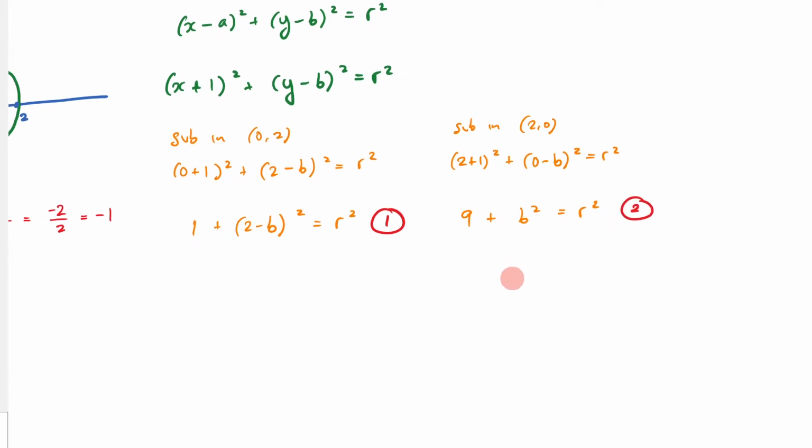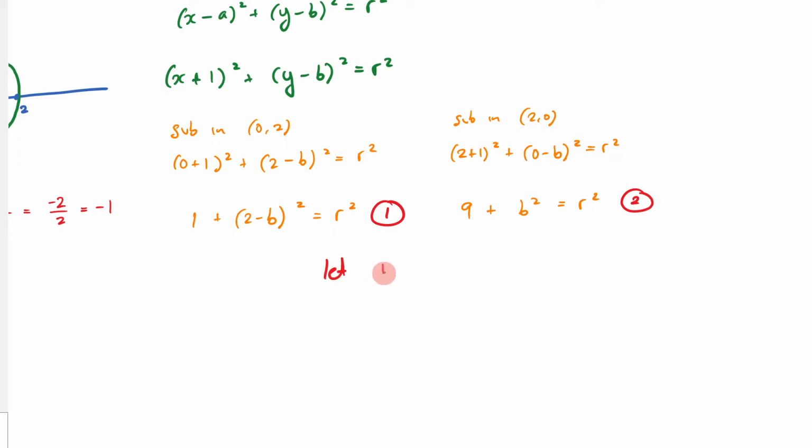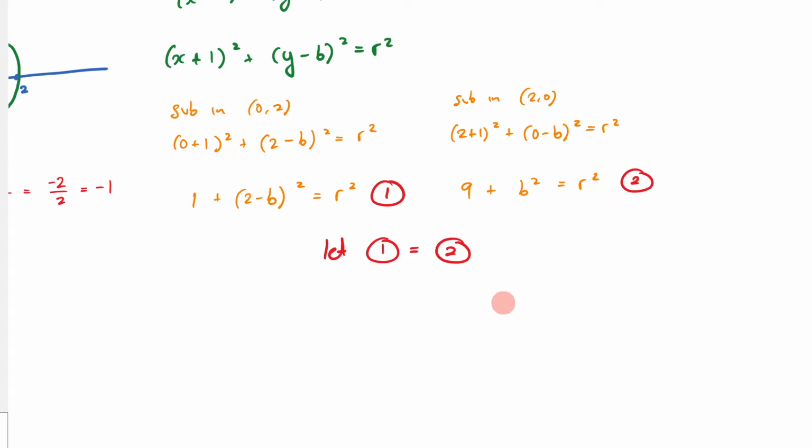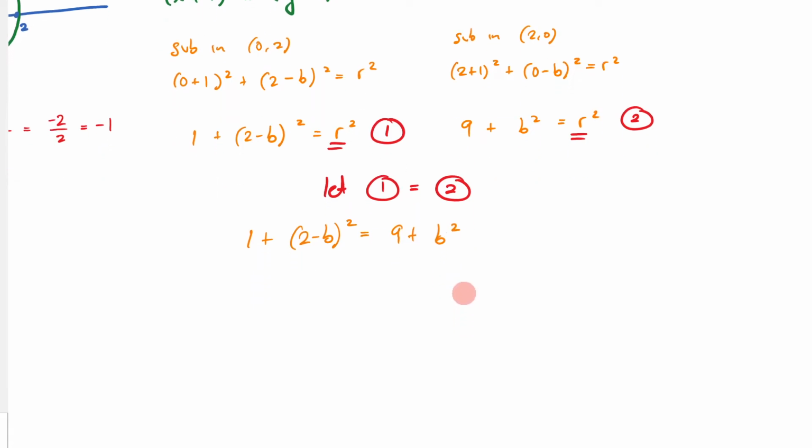Now I can say let 1 equal 2. I am equating them, because I've got r squared and r squared, so I can just set them equal to each other. That means 1 plus (2 - b) squared is equal to 9 plus b squared. Now we're just rearranging to solve for b.